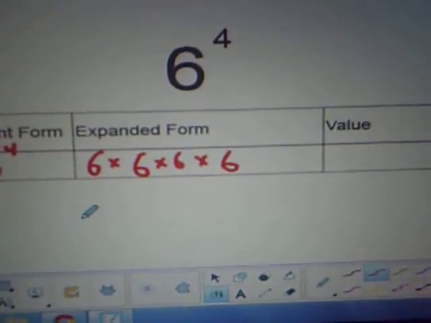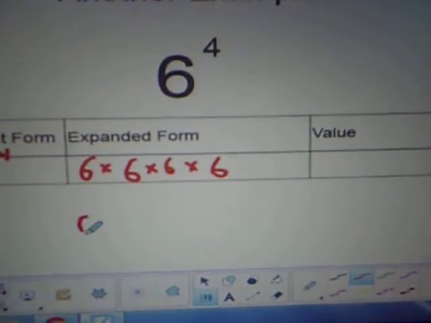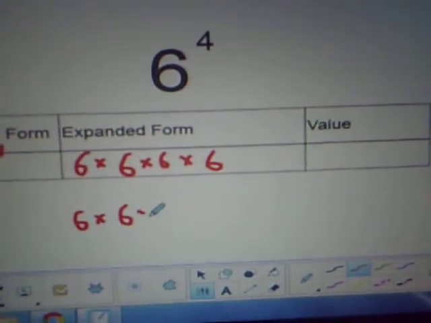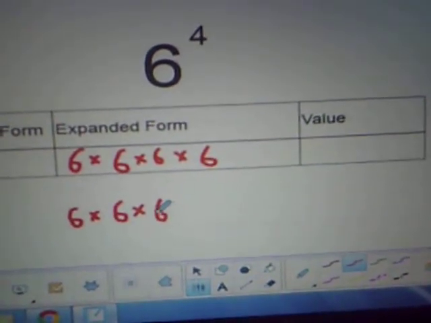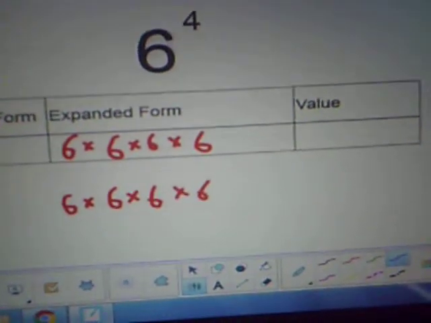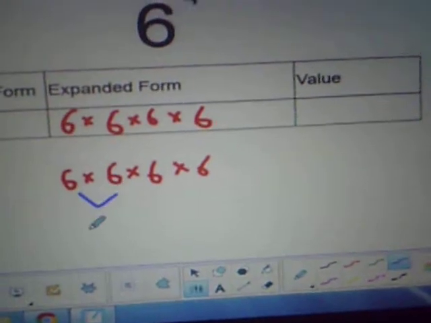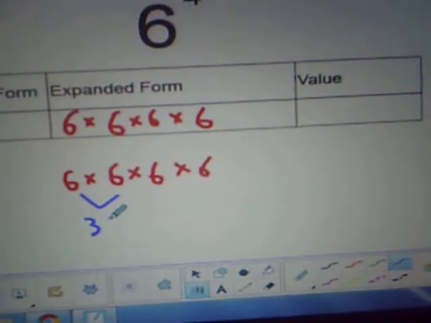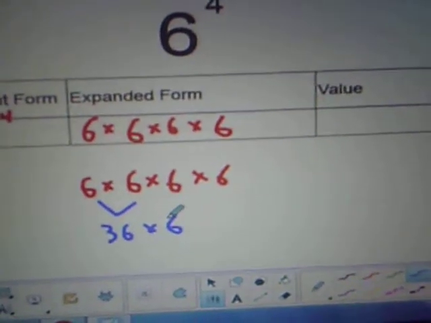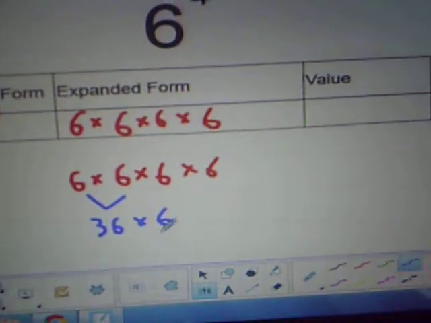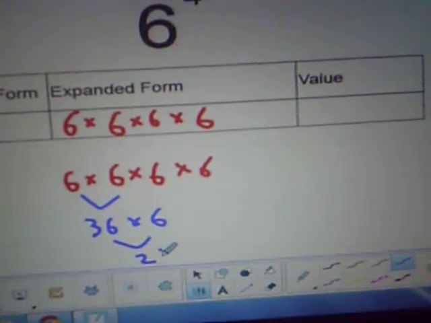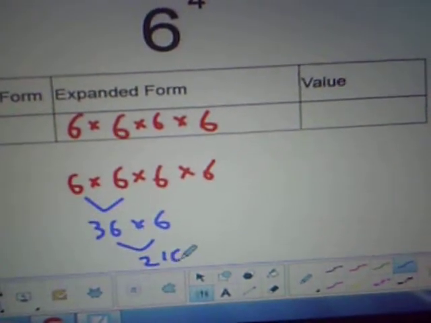Okay? Then we must find our value, so we've got to actually do a little bit of mathematics. I'm just rewriting out my expanded form, and I'm going to take it one step at a time. 6 times 6 gives us 36. Times another 6 gives us 216.